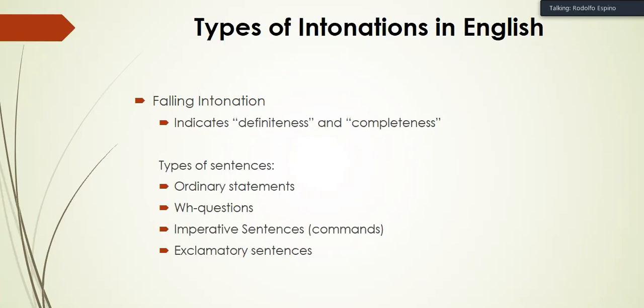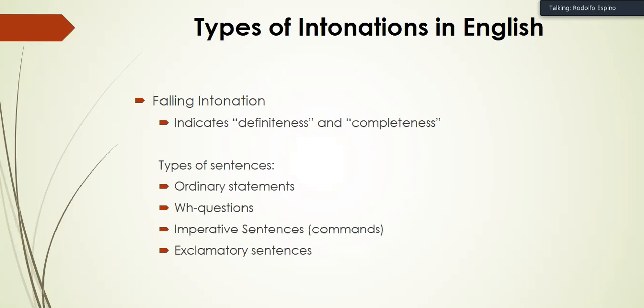The types of sentences that usually have this falling intonation are, in this case, ordinary statements. What is an ordinary statement? It's simply an affirmative sentence. Okay, I say, for example, oh, he plays soccer. I am finishing the utterance by lowering the intonation.